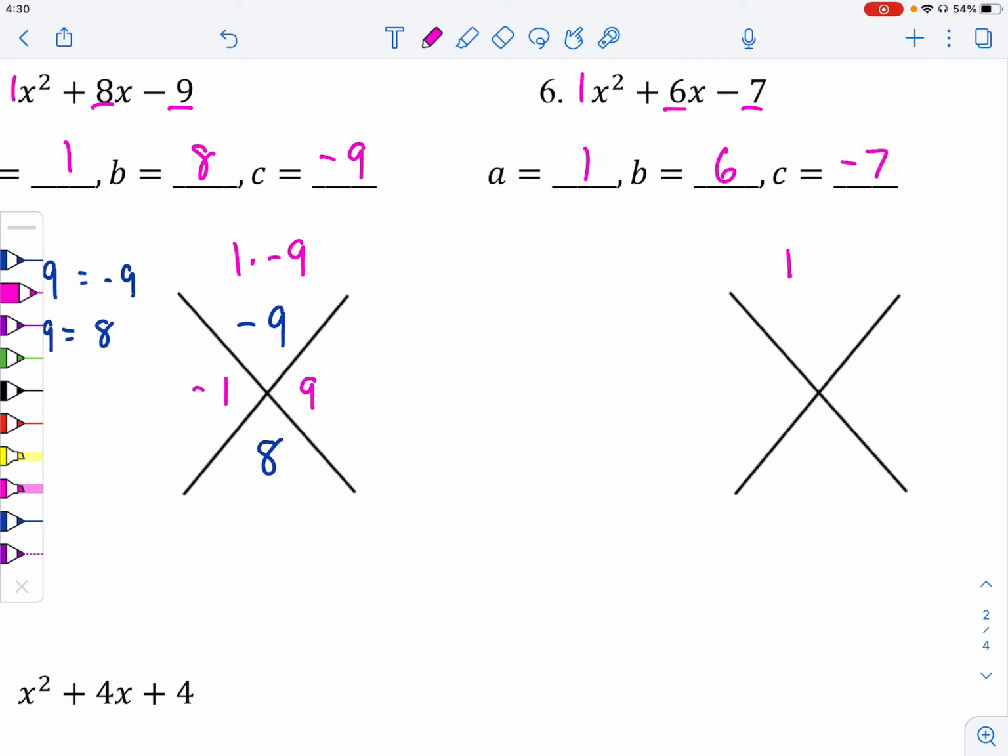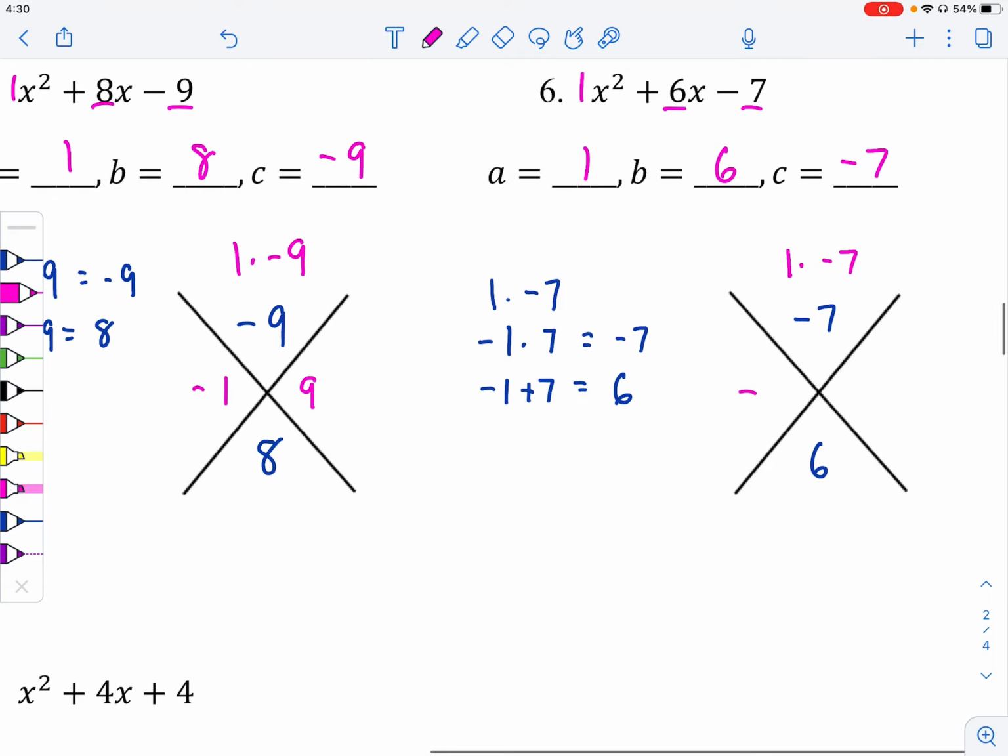Does that add to 6? No. But could we change our signs? Negative 1 times positive 7 multiplies to negative 7, and it also adds to positive 6. So that one works. Our two numbers are negative 1 and 7.